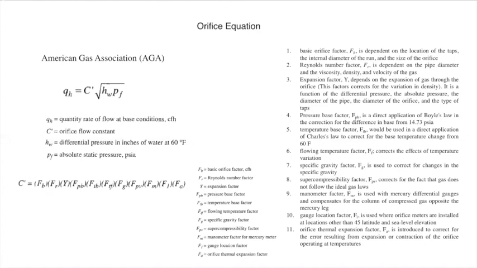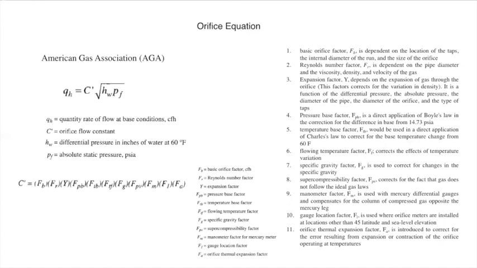C dash is the orifice flow constant, which depends on a number of parameters, and it needs a number of corrections. I have shown you the 11 parameters which need to be corrected. So let's see only one.